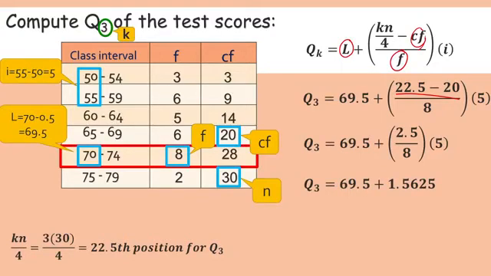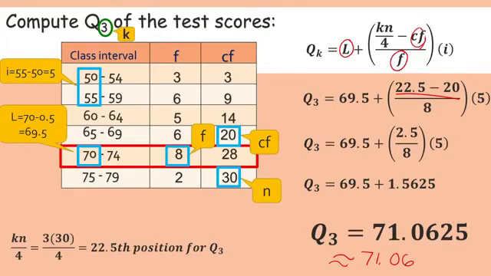Okay, plus 69.5. 71.0625, sir. Or you can round this off to 71.06. It's either of the two. Okay? So our third quartile will be 71.0625 or 71.06.